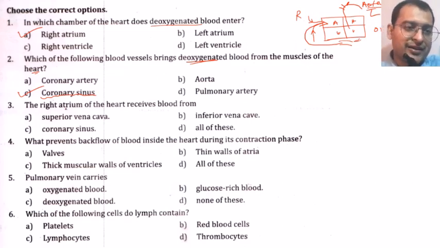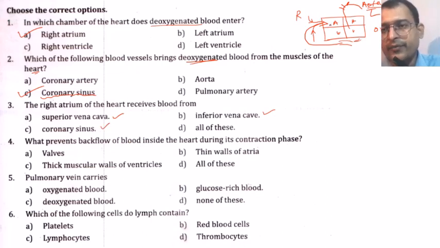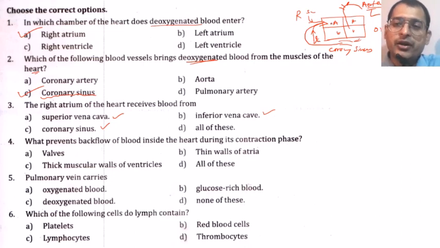Next, the right atrium of the heart receives blood from the superior vena cava, inferior vena cava, as well as the coronary sinus. So three vessels provide the deoxygenated blood to the right atrium.